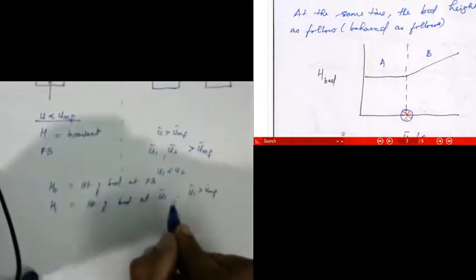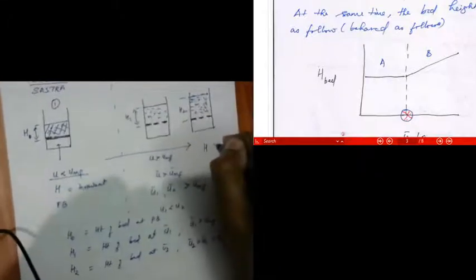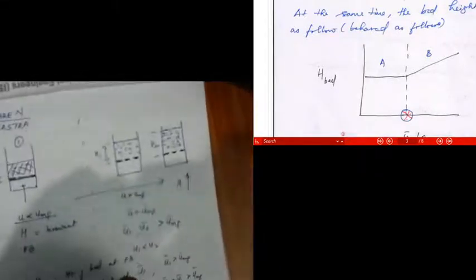So this height H1 is the height of the bed when the operating velocity is U1 bar, which is greater than UMF, and H2 is the height of the bed at U2 bar, which is also greater than U1 bar, so obviously also greater than UMF. You see that as you increase your velocity beyond UMF, the height of the bed also increases.